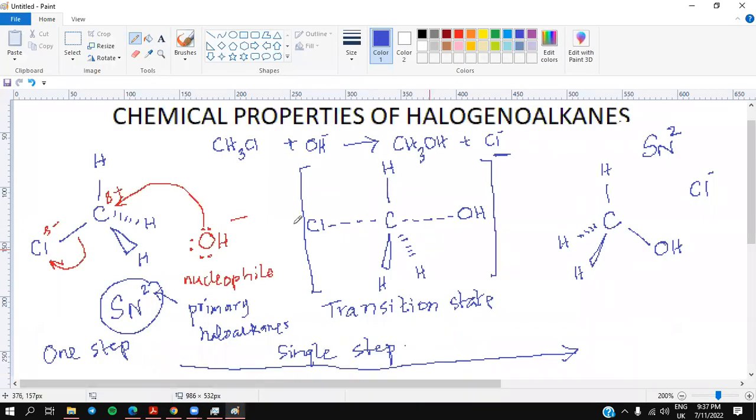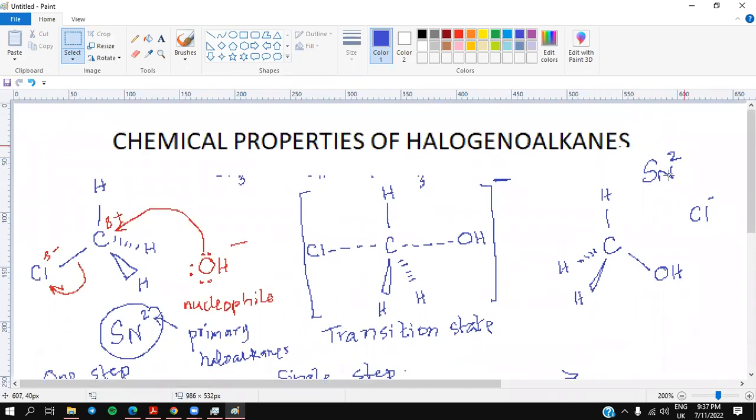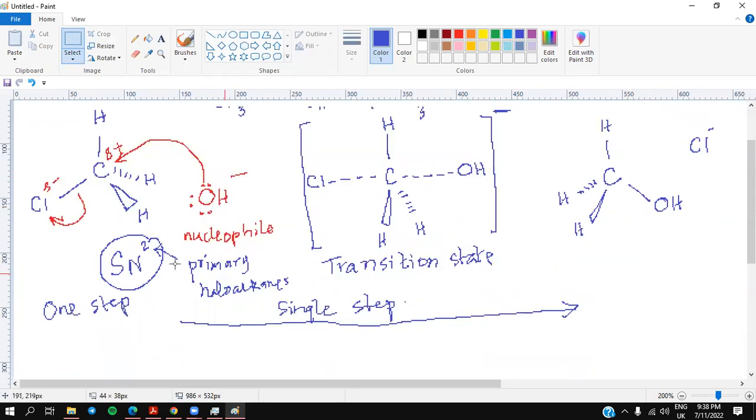Shall we take down this diagram? You don't have to have this. I'll remove it. And even for Sn2, no need, because we are going to draw this mechanism in the Sn2 area. One step is not necessary because we have discussed Sn2 again.